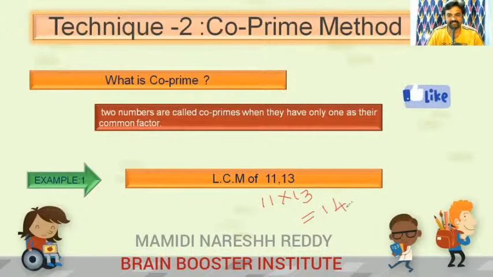So 143. The product of 11 and 13 is just to multiply. We can check here: 39, 11.